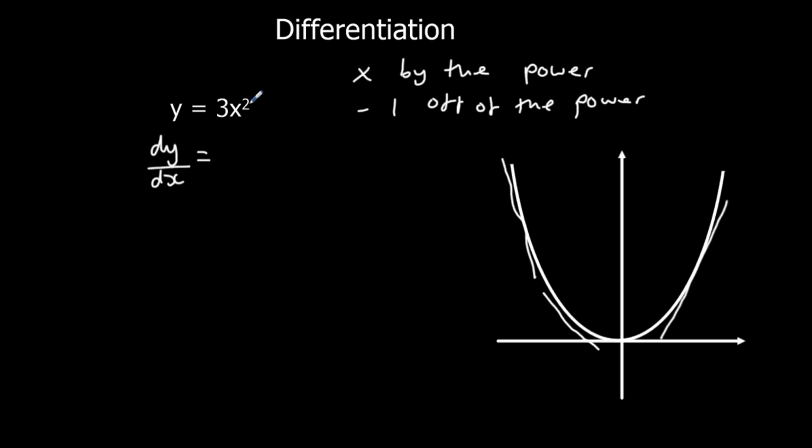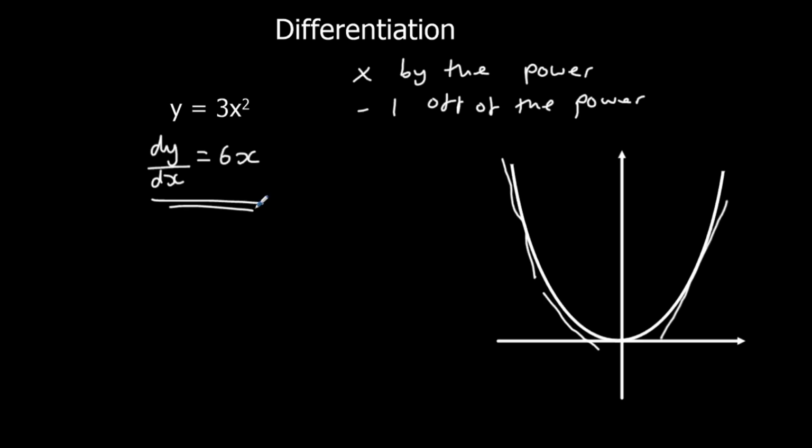So we're going to times by 2, so that will give us 3 times 2, which is 6, and then we take 1 off, so it'll be x to the power of 1. Now we don't need to write the power of 1 on an x. If we just write x, that means x to the power of 1. So the gradient function of this curve is 6x.